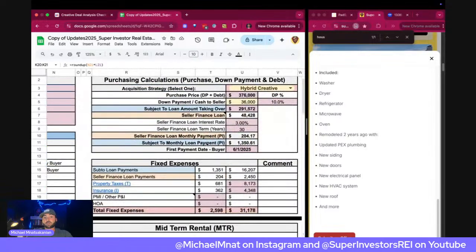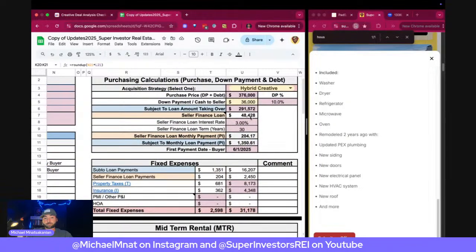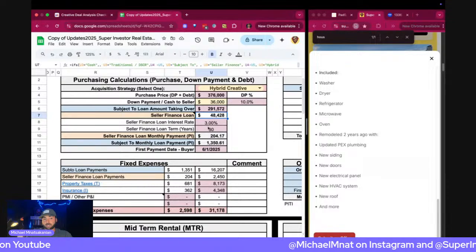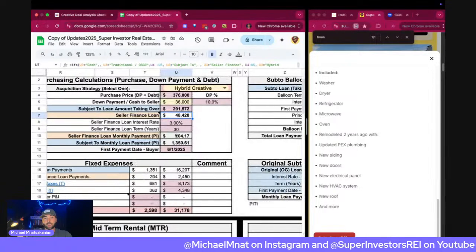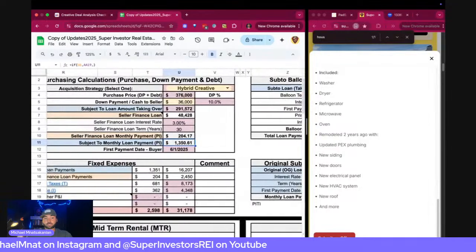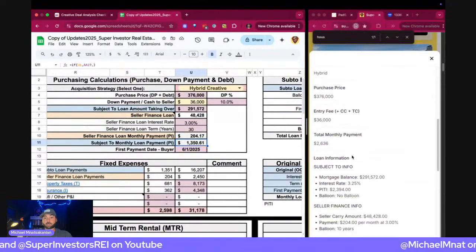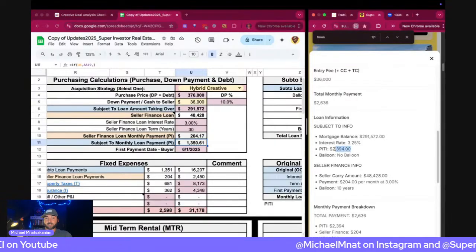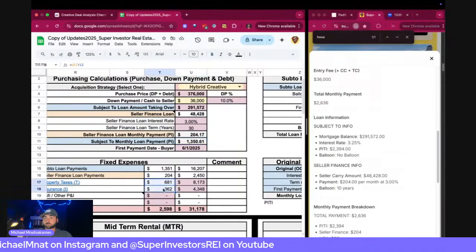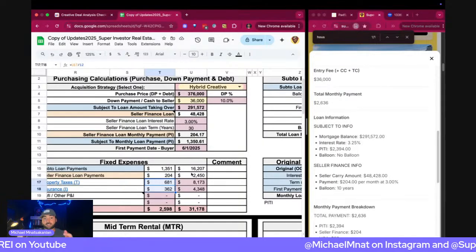But we did that. We said this was a hybrid, creatively financed deal. We said the purchase price, the cash to enter the deal. We did the subject to loan amount we were taking over, created the seller finance loan, right? And then ensured that the payments made sense. We recreated the original subject to loan, and of the PITI they gave us, the 2394, we determined 1350.61 is the subject to loan payment, and the remainder, $1,043 is for the taxes and insurance.